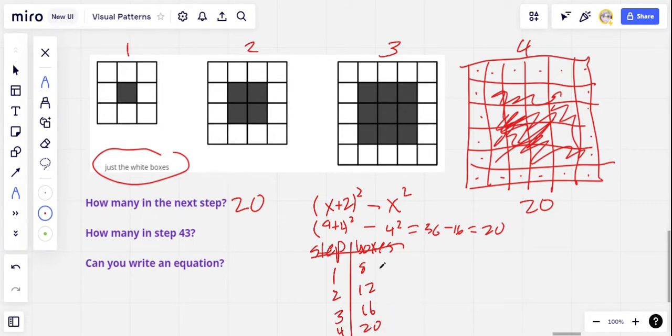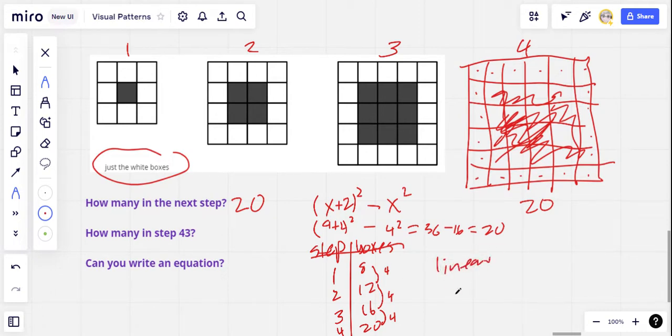And what we like to do is take the differences here. So 12 minus 8 is 4, 16 minus 12 is 4, 20 minus 16 is 4. Well, that's interesting. When you get the same difference in every step on this first set of differences, this becomes a linear equation.